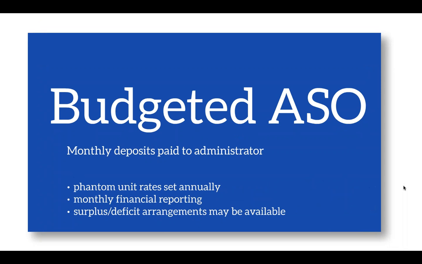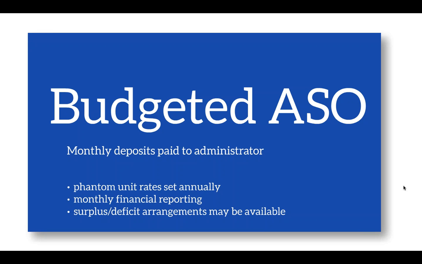A budgeted ASO arrangement is where a monthly deposit is paid to an administrator. There are phantom unit rates, and they're set generally annually in advance. So they're using single family health and dental rates. There's a monthly financial reporting process that goes on with the broker and the client, and surplus and deficit arrangements may be made available as well.